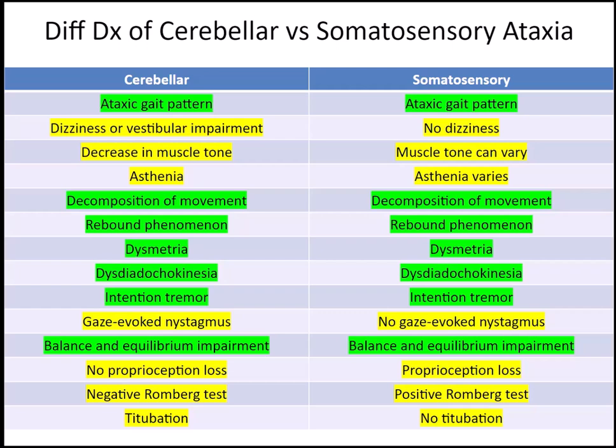No conscious proprioception loss with cerebellar, but a definite proprioception loss with somatosensory ataxia. There's going to be a negative Romberg test with the cerebellar disorder, positive Romberg test with the somatosensory disorder. And the Romberg test, again, is just feet together, eyes open, and eyes closed, trying to maintain balance. Okay, in the absence of the vision, when you don't have that proprioception, that test is going to be positive.